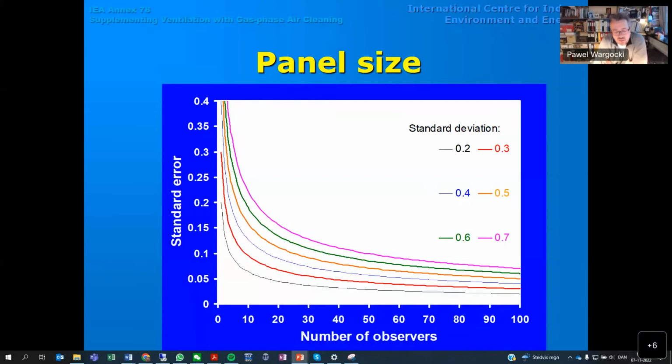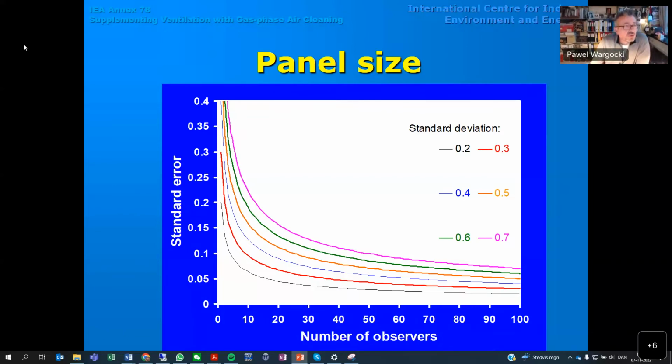The standard error will define which resolution of the panel we want to achieve, and depending on this resolution, we can define the size of the panel. Usually, we are in the neighborhood of about 40 subjects. With about 40 subjects, the differences will be very small, and then that will be determined only by the standard deviation. The standard deviation of the panel would be around 0.4, 0.3, it all depends on how you select your panel members.